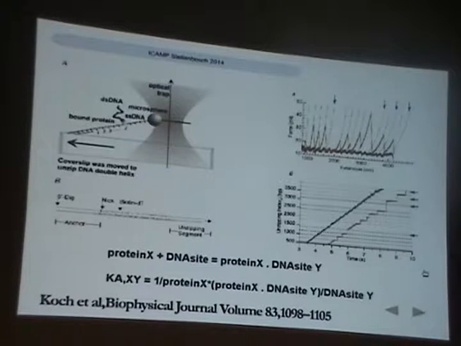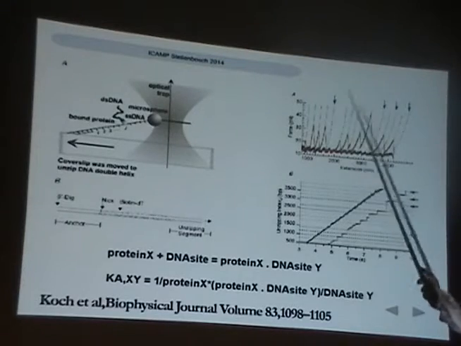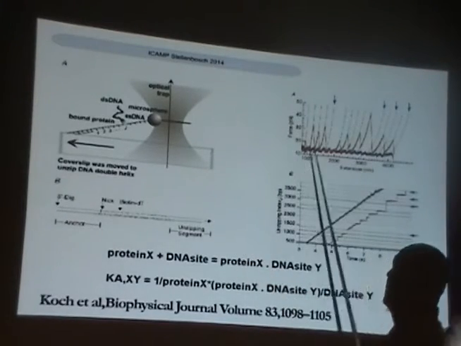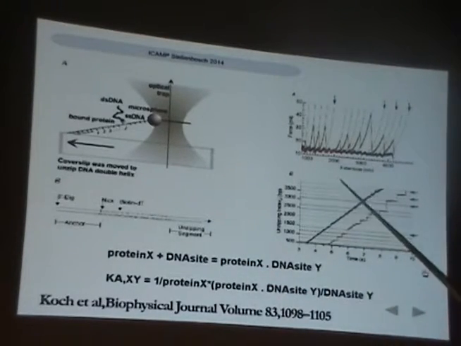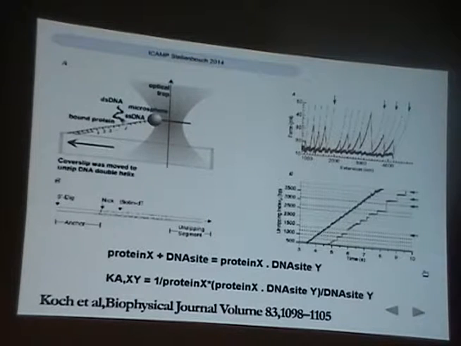So you have a sawtooth signal in time when you stretch the molecule like that. And each time you see a peak, it means that on your DNA, at this position that you know because you monitor the position of the peak, you had a protein that was bound. Okay? So you can do the experiments and you can study like that the affinity of a protein for a given DNA sequence.